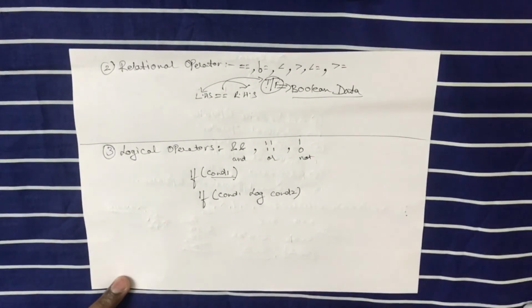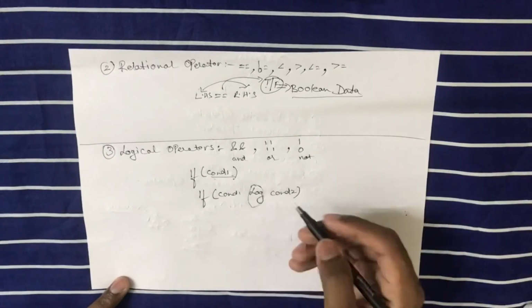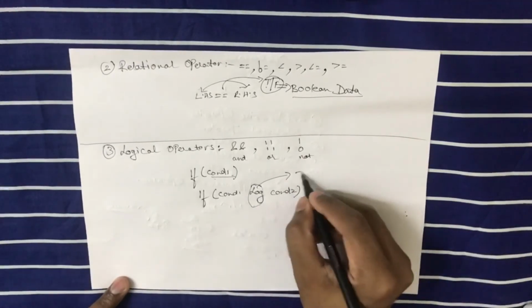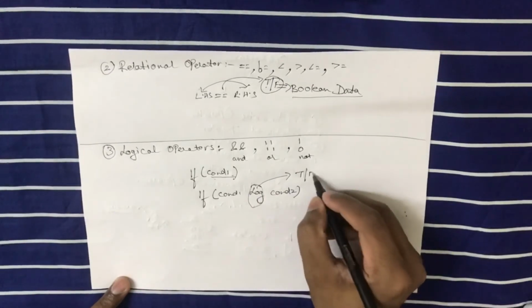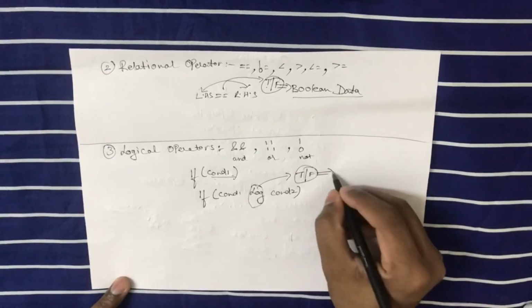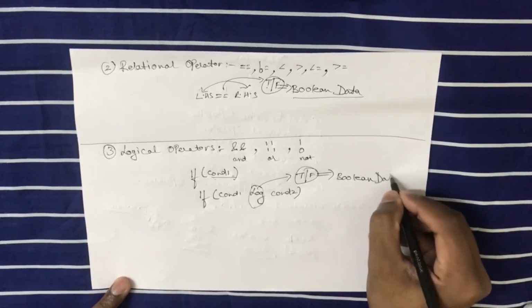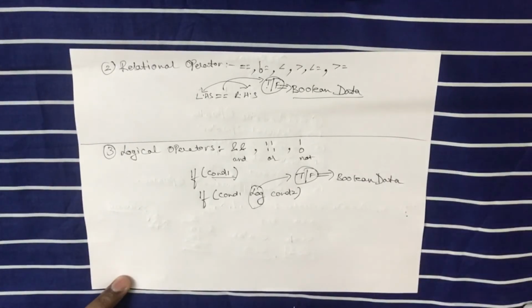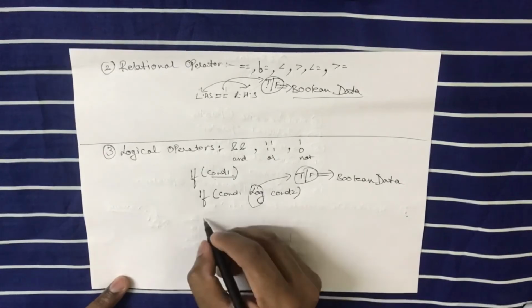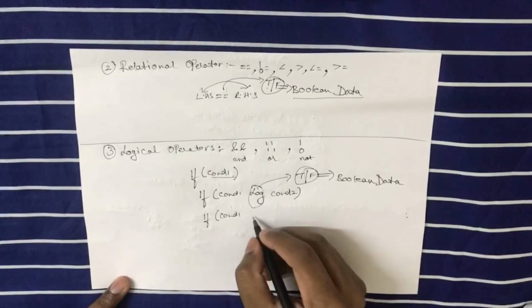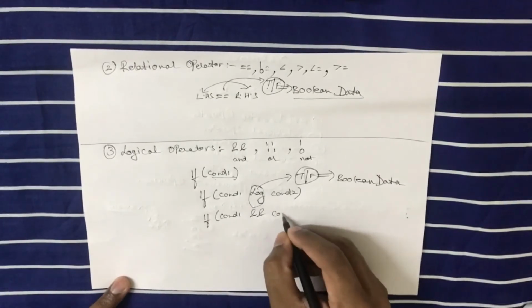So in this category also, if the whole expression gets satisfied, it returns the value true. If not, it returns false. So this category also returns Boolean data, which is true or false. Say for example, I have condition 1 AND condition 2.